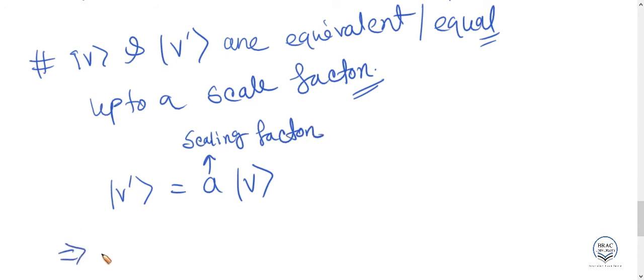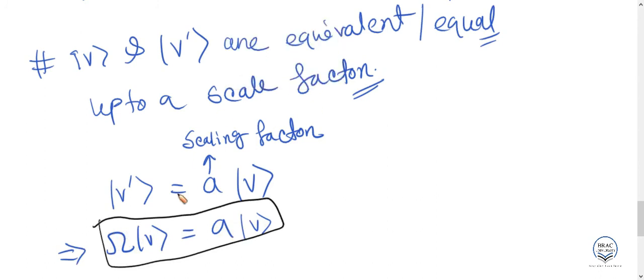Now put the value of v prime as omega v, that is on the left hand side, capital omega v, and on the right hand side you have the v vector, that was the eigenvector of the lambda operator, and our scaling factor a. But this is just the eigenvalue equation for operator omega. So let's write it down.